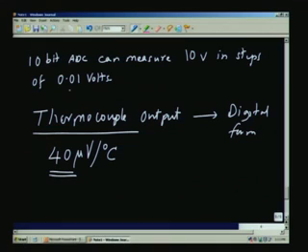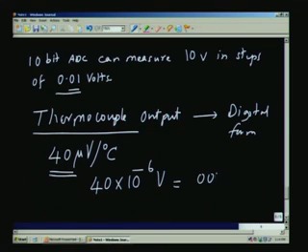We were talking here about 0.01 volt. So, 40 microvolts corresponds to 40 into 10 to the power of -6 volts. That gives a 1 degree Celsius resolution.